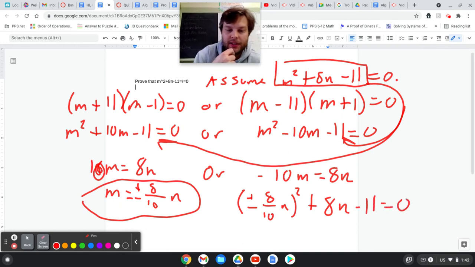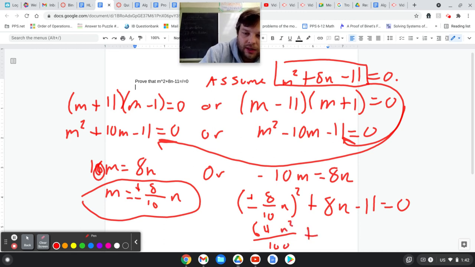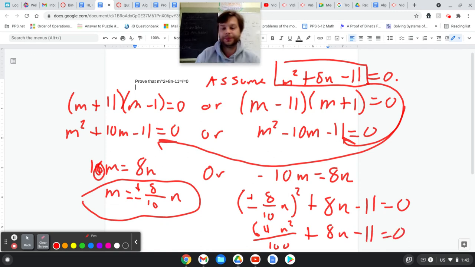The plus or minus doesn't really matter here. Either way, you get 64 over 100 n squared plus 8n minus 11 equals 0.